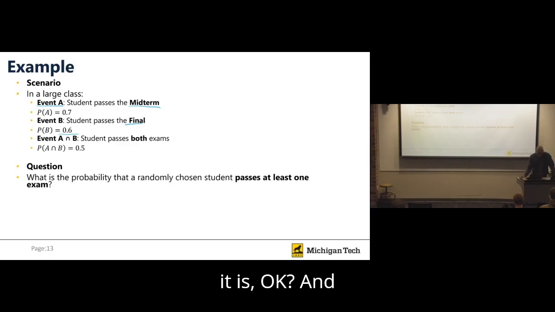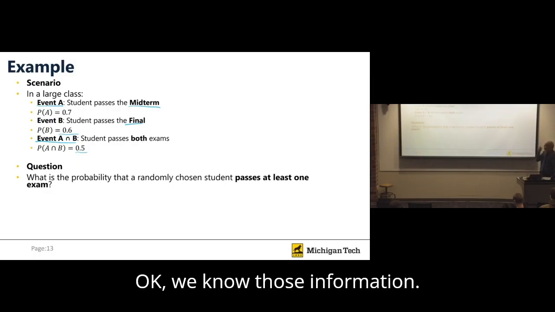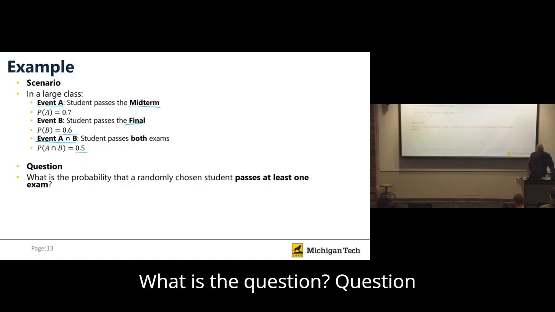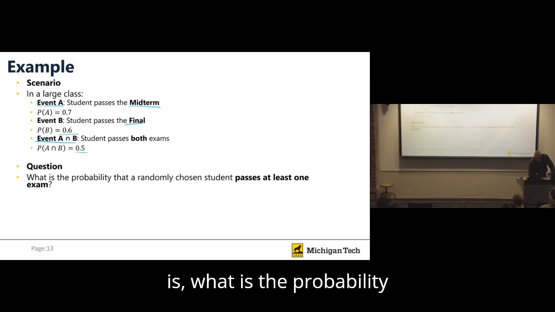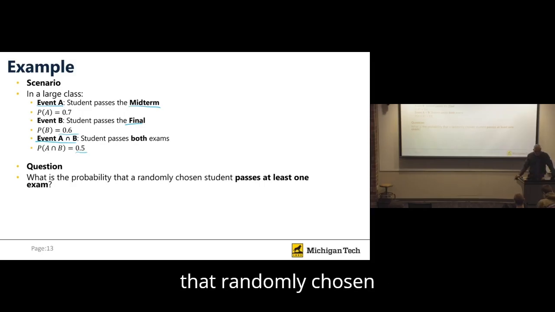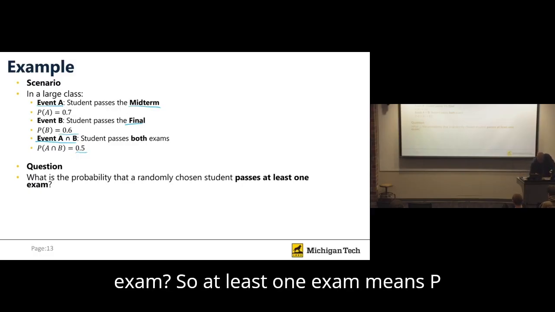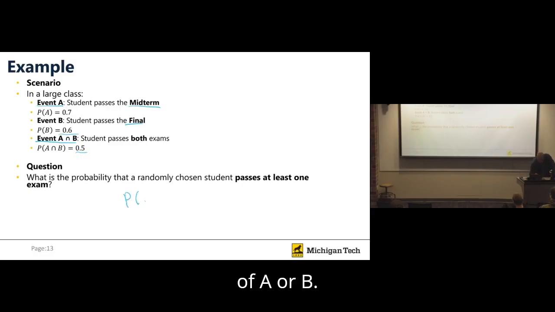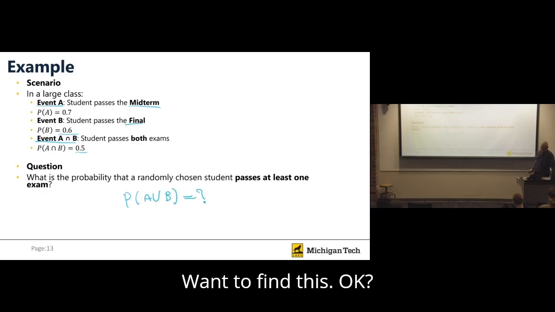And event A and B means students pass both exams. That is 0.5. We know that information. The question is, what is the probability that a randomly chosen student passes at least one exam? At least one exam means P of A or B. We want to find this.